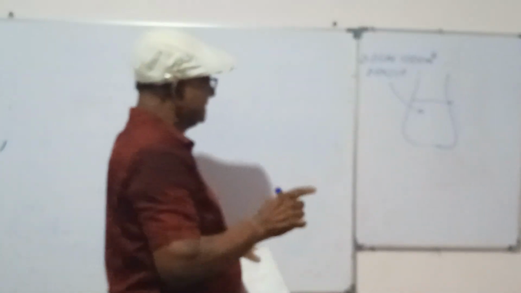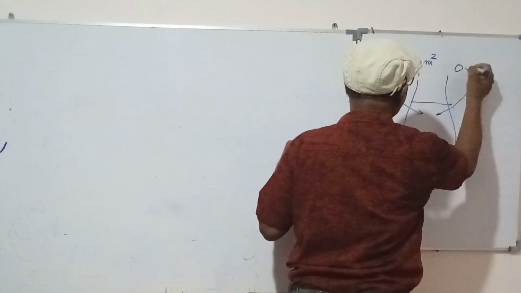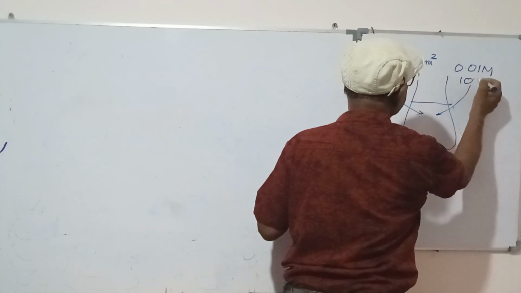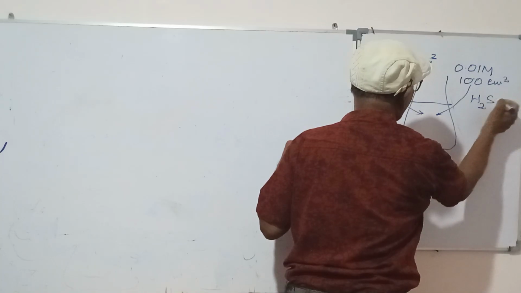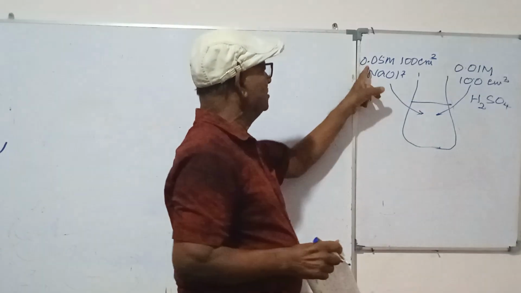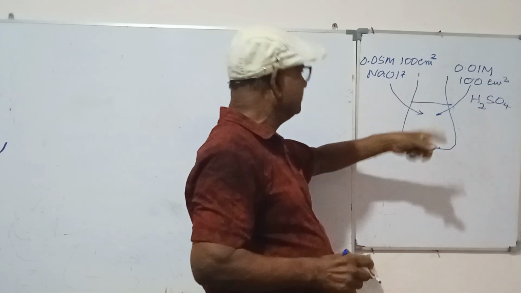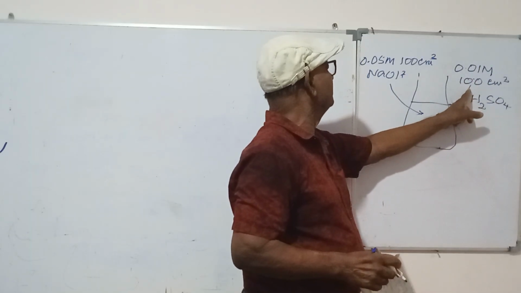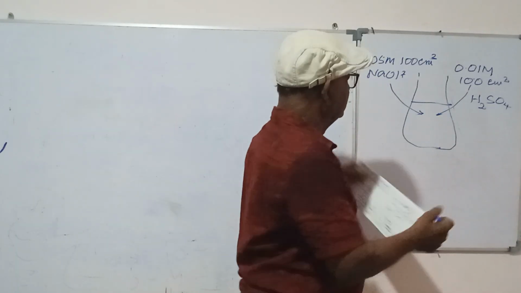Then it is mixed with 0.1 M, 50 cubic centimeters of sulfuric acid, H2SO4.